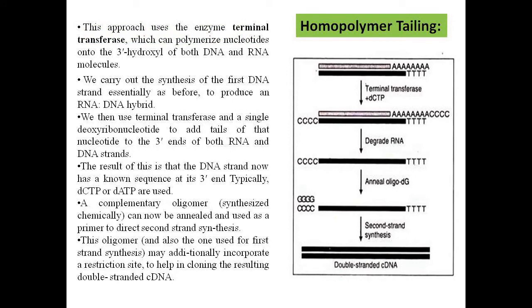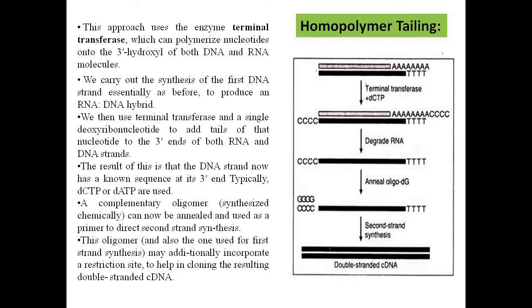The third method is homopolymer tailing, and this approach uses the enzyme terminal transferase, which polymerizes nucleotides onto the 3' hydroxyl of both DNA and RNA molecules. We carry out the synthesis of the DNA strand essentially as before to produce an RNA-DNA duplex.